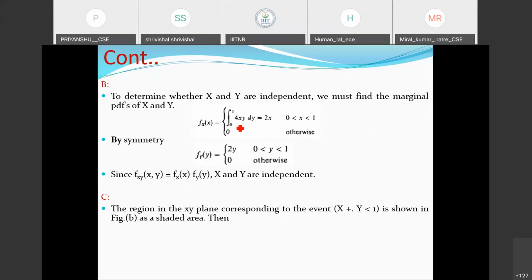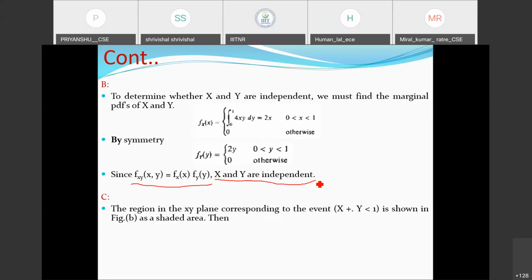If we take the product of the marginal probability density functions of x and y, it comes as 4xy, which is exactly equal to the joint probability density function. As the function satisfies this condition, we can claim that x and y are independent in nature.